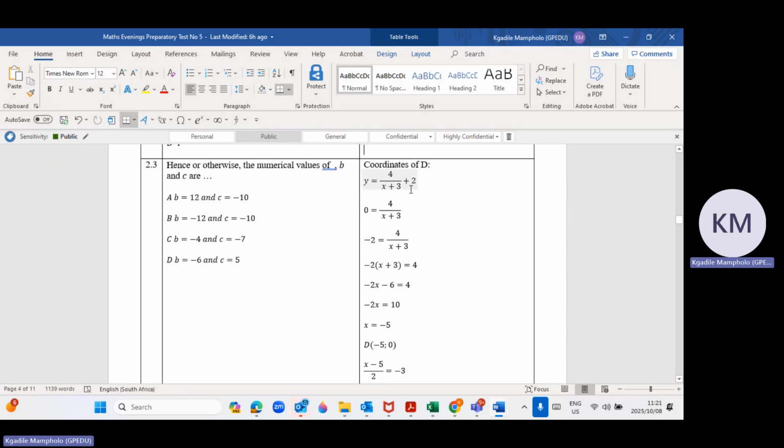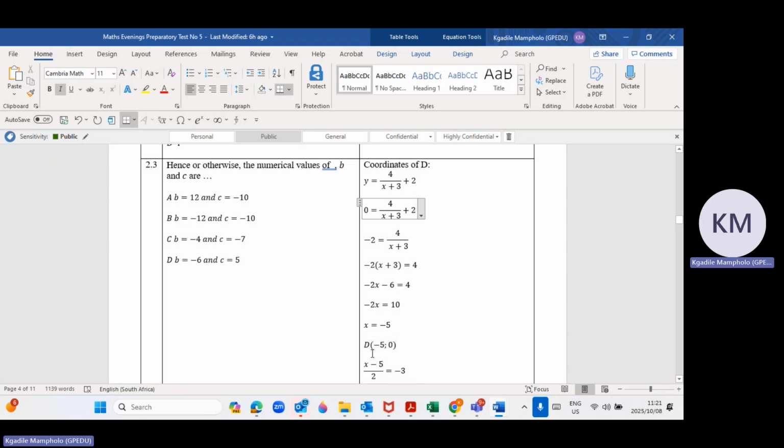Since it's the x-intercept of this hyperbola and parabola, you let y be 0. If y is 0, we'll have this, and then this will be a 0. The 2 will come to this side. Here it will be +2, because it's the equation of the hyperbola. Then you take 2 to the left, then you cross multiply, then you'll get the answer x as -5.